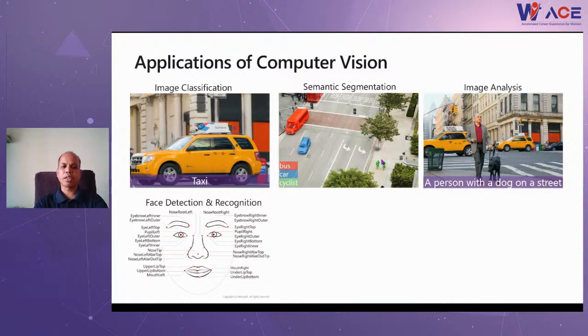Look at this picture carefully: starting from our eyebrows, eyes, retina, nose, lips, mouth, data is collected from all these aspects across all these angles, and the photos are captured and analyzed in such a way that you can determine whether the photograph is of a boy or a girl or an old man, or whether someone is happy, looking angry, or under stress. So this is how we can analyze the face detection and recognition mechanism.